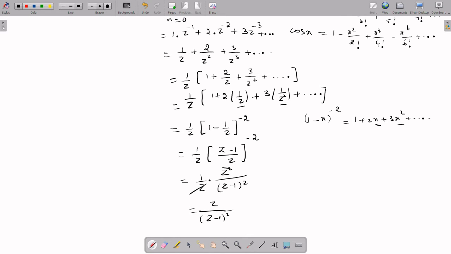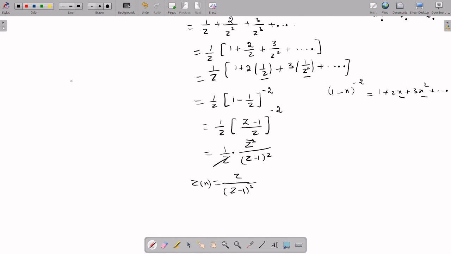This is the value of z transform of n. And you can prove this result by another way also. We studied one property, z transform of n into f of n. Using that property also we can prove this result.